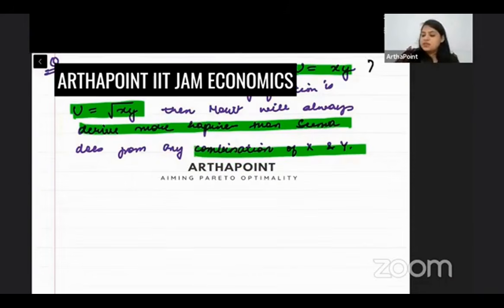The statement is this: Mohit's utility function is u is equal to xy and Seema's utility function is u is equal to root xy. You have to tell me whether Mohit will always derive more happiness than Seema for any combination of x, y. Is this true or not?